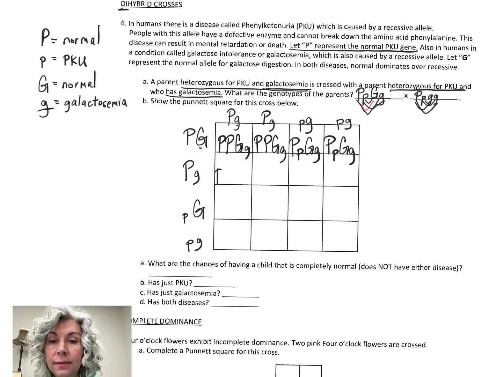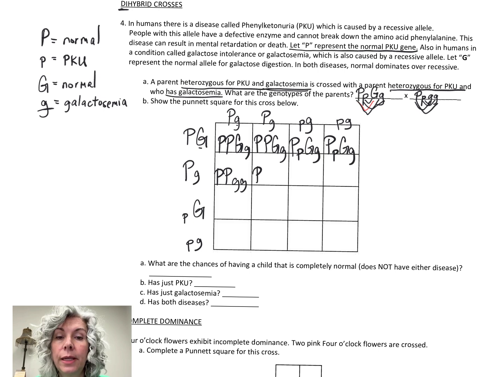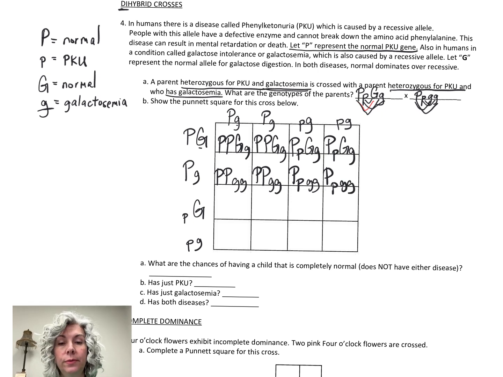Next line. Capital, capital, little, little. Capital, little, little, little. Here we go. Capital P, I'm putting capital first, lowercase p.